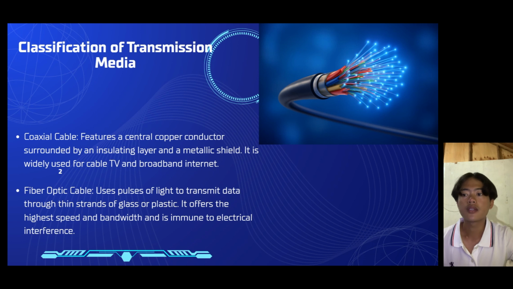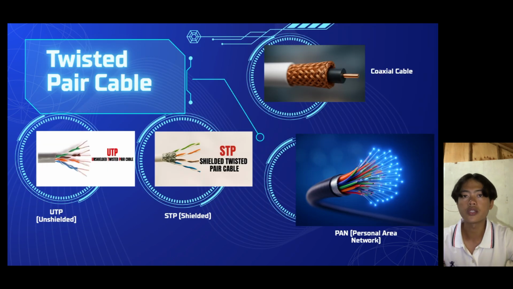And then this is the fiber optic cable, which uses pulses of light to transmit data through thin strands of glass or plastic. It offers the highest speed and is immune to electrical interference. This is an example of the coaxial cable, which I showed you earlier.